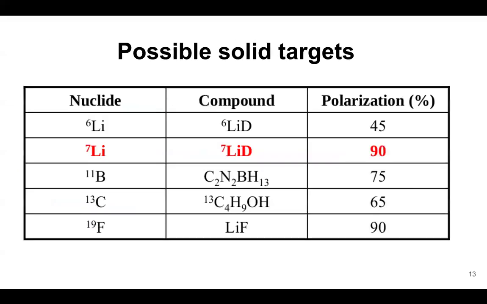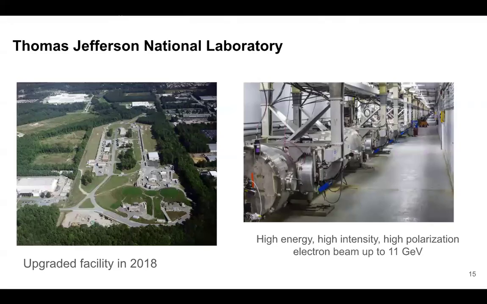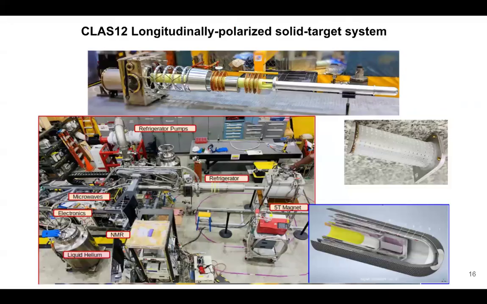All right. Okay, so this experiment will be run at Jefferson Lab. I'm sure you know that it was upgraded in 2018. We have a high energy, high luminosity electron beam with energy up to 11 GeV. The second ingredient is a complicated target that you can see here. The important thing is that this exists and is running, has been used in different experiments, and it's a target system that allows longitudinally polarized solid targets.